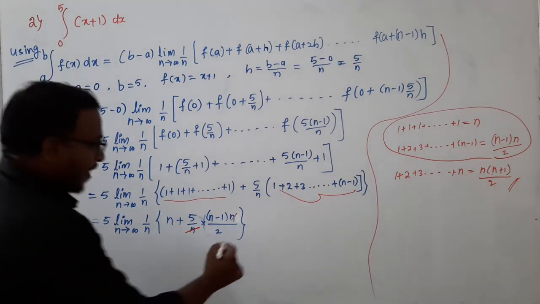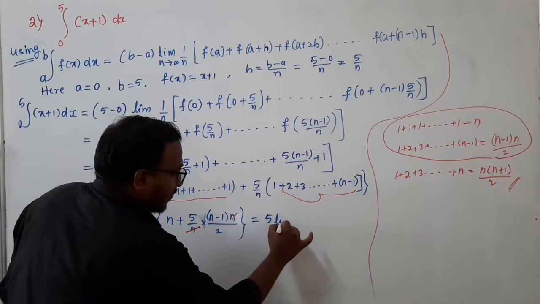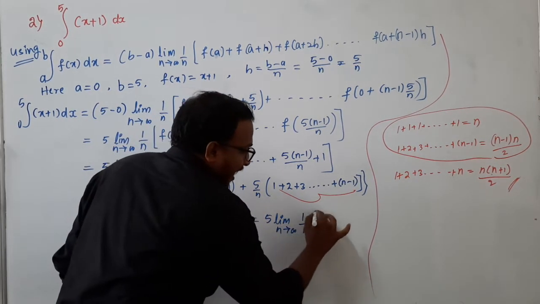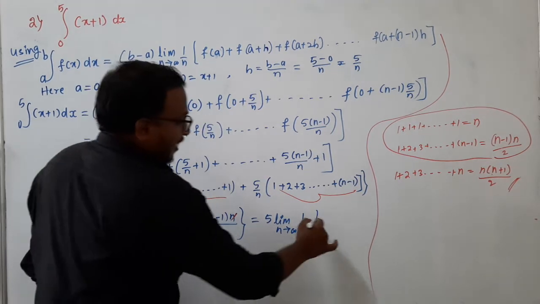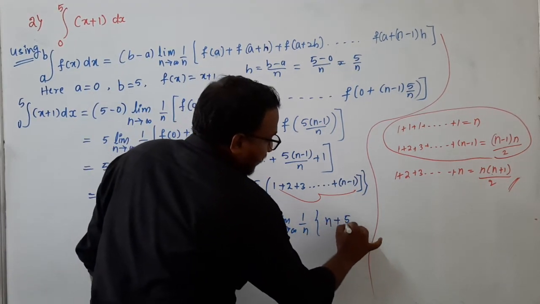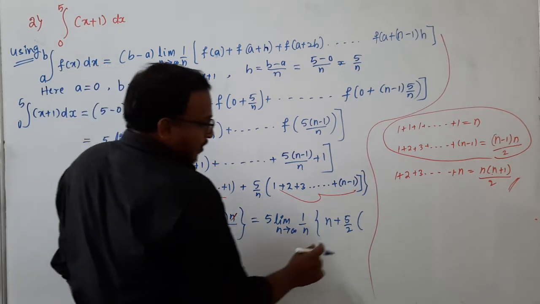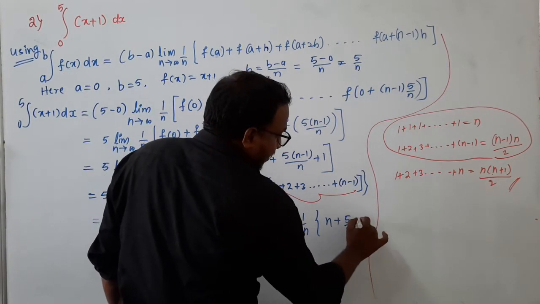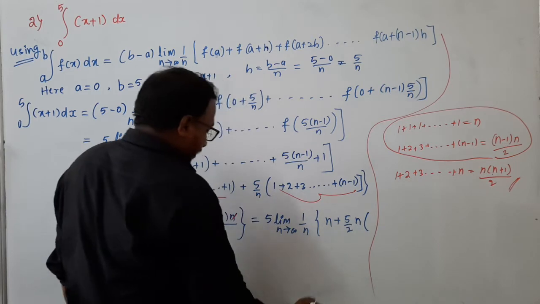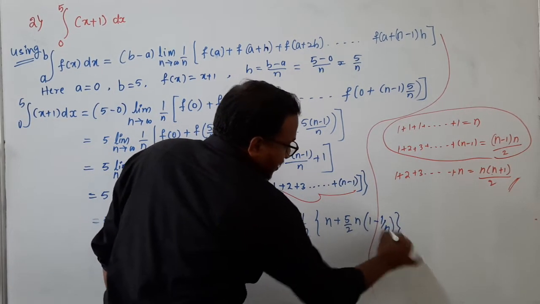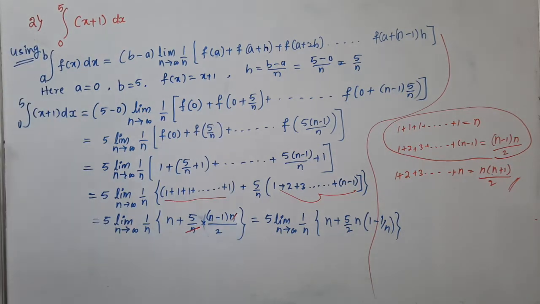The remaining values are 5 into limit n tends to infinity 1 by n into (n plus 5 by 2). I am taking n as common in this 2, and the remaining values are 1 minus 1 by n.